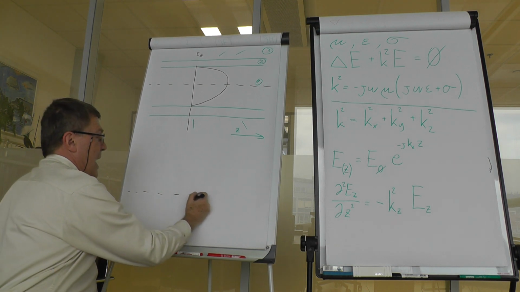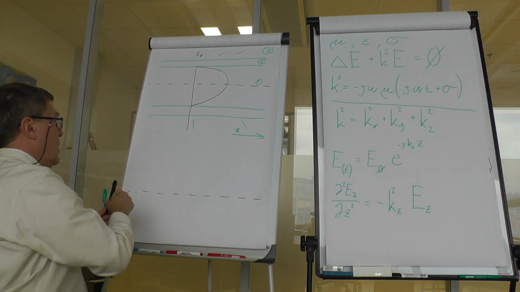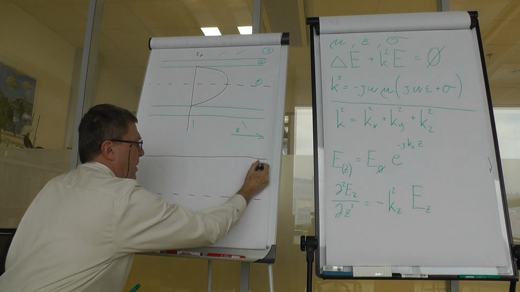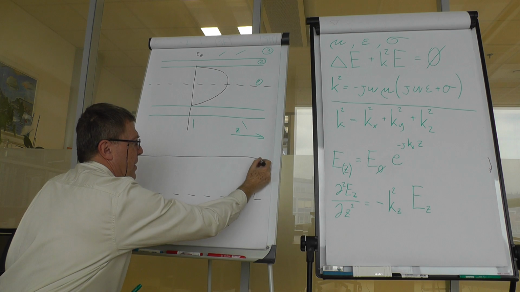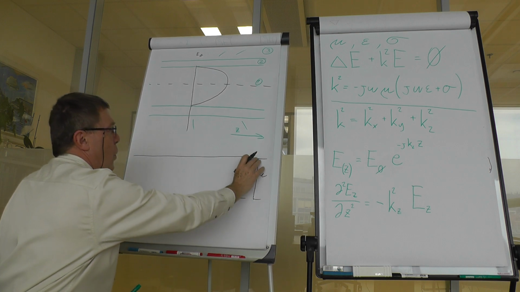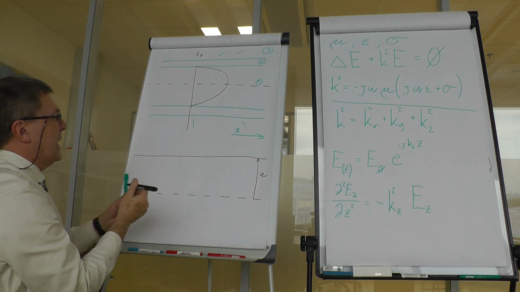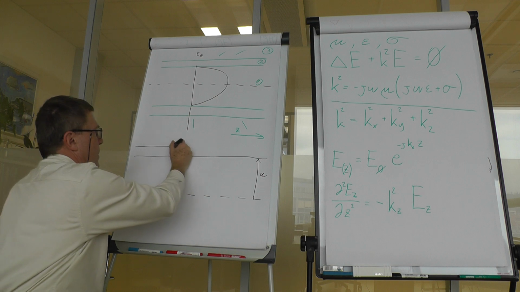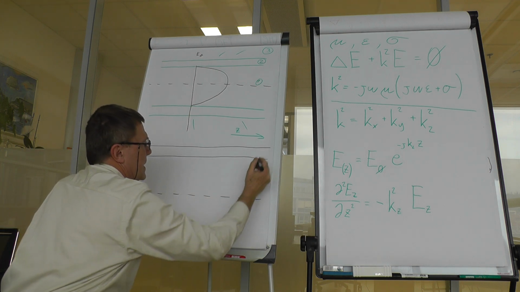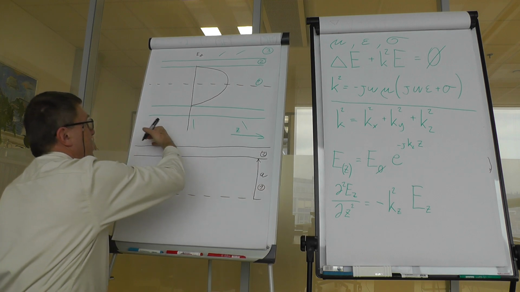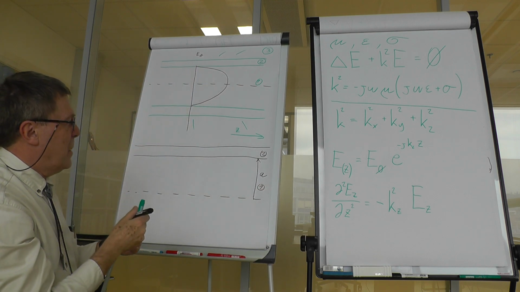So we have this axis of symmetry. At the distance of A, we have the beginning of the plate or layer, the second layer. So this is layer 1, layer 2, and we have layer 3 upstairs.